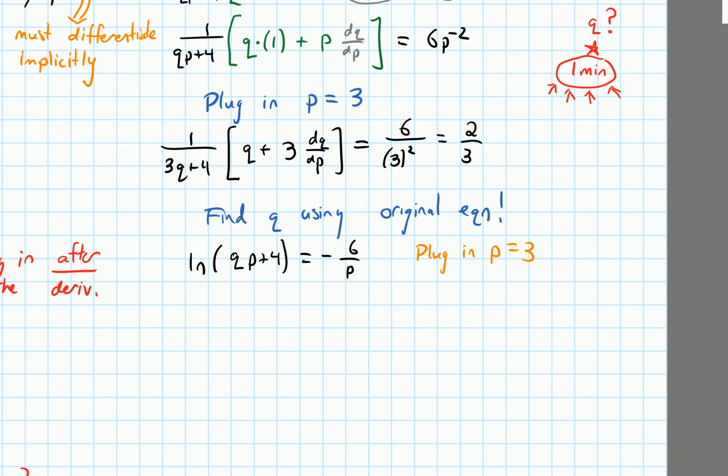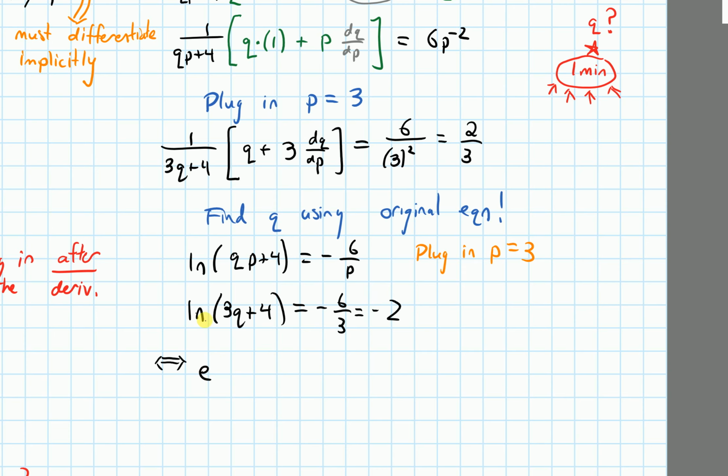So doing that, we get ln of 3q plus 4 on the left. On the right, we'll get negative 6 over 3, which is negative 2. Okay, so we have ln of 3q plus 4 equals negative 2. This is just a log equation, and we reviewed these back in the first 2 weeks. We can transform this to exponential form. So the base of ln is e.